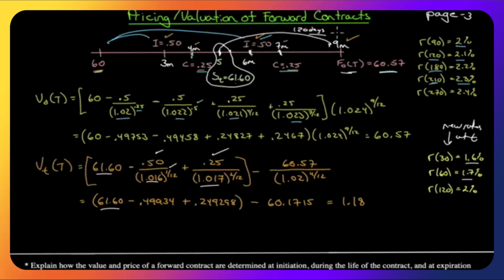We need the 120-day rate, which is 2%, so we'll discount $60.57. Again, that's the contract price. That never changes, right? 1.02 to the power of 4 over 12 for 4 months. We get $1.18.